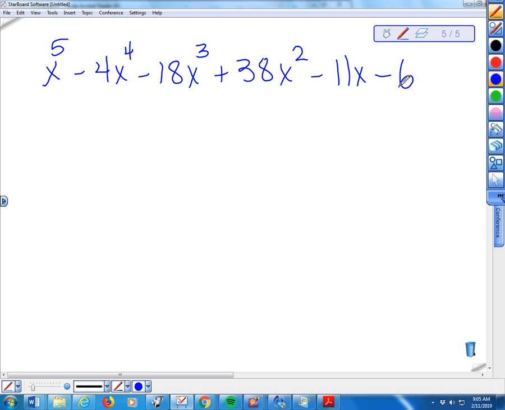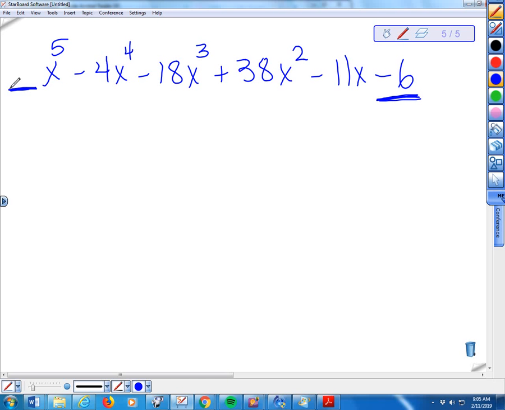To do this, you find all possible factors of the constant and all possible factors of the leading coefficient. To use the rational root theorem, you're going to make a fraction.